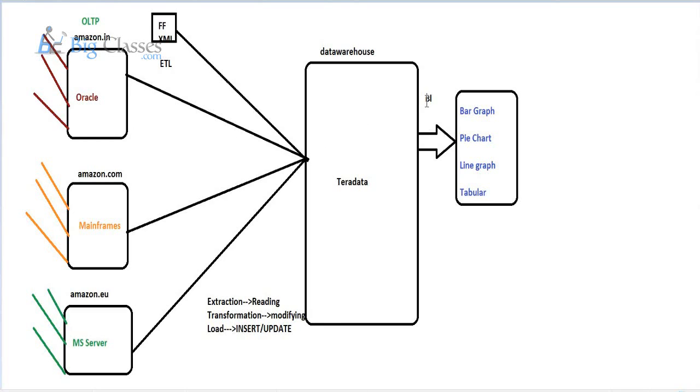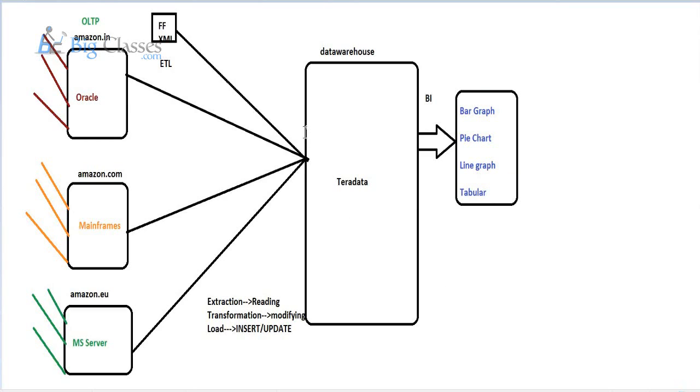So when we talk about this, what do you mean by analysis? Basically we are generating a report, right? So what do you do by analyzing the data? Basically, by analyzing the data, we take decisions. Let's take one example.